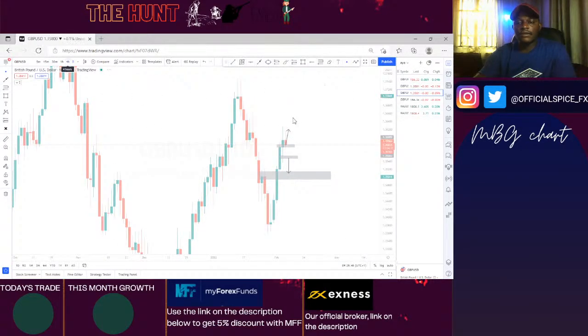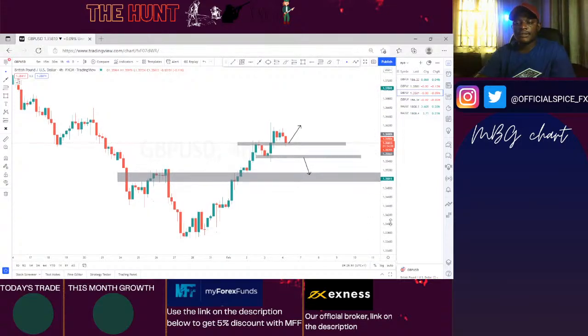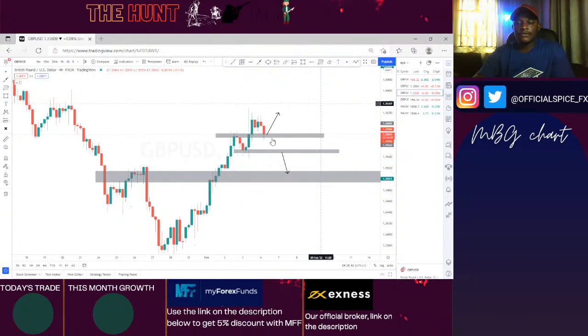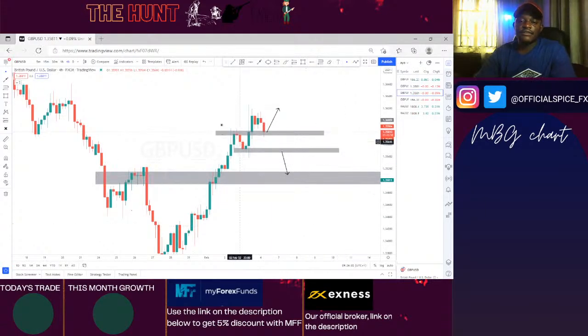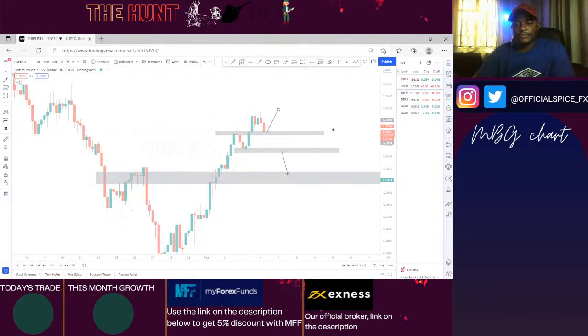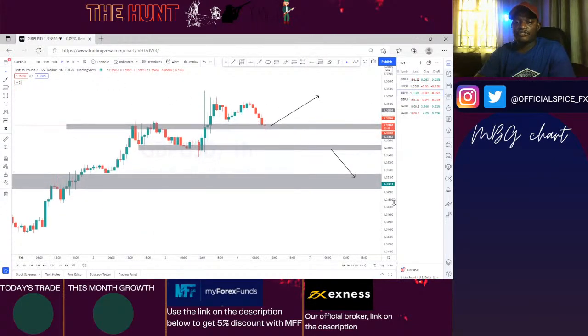That was on the daily candle, right? Now we're still having a strong rejection on the 4 hour. There's still a very strong rejection right there. Those of you guys that trade break and retest, this is the point where you have to start looking for entries.